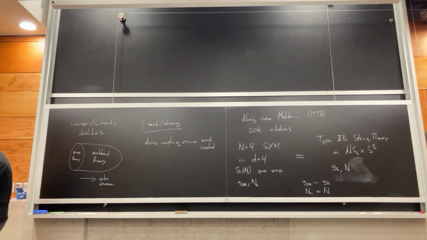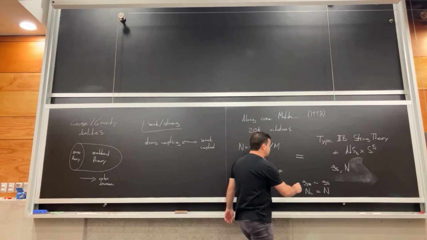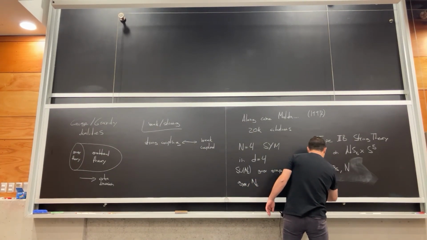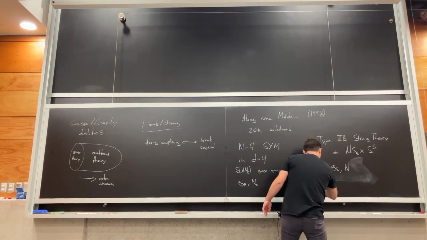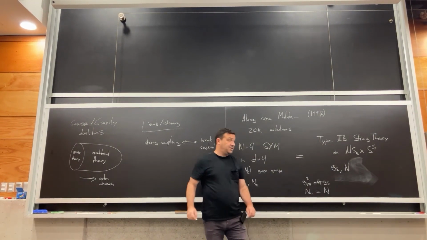I think there's a 4 pi there. Right, squared and 4 pi. So this is g Yang-Mills squared. This is 4 pi g string. So that's the relation between the two theories.